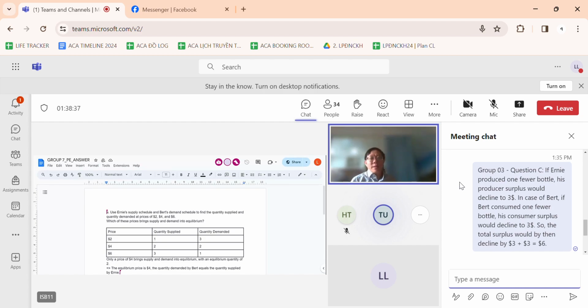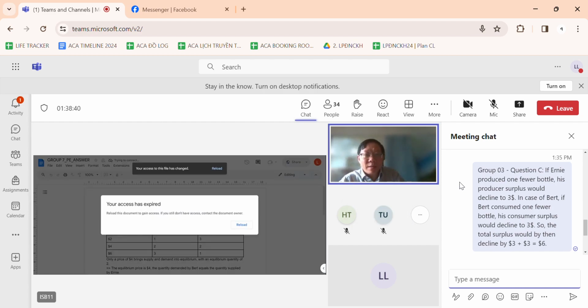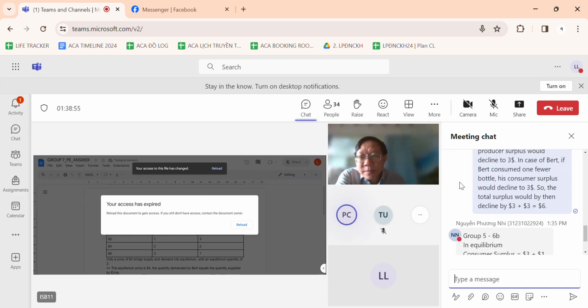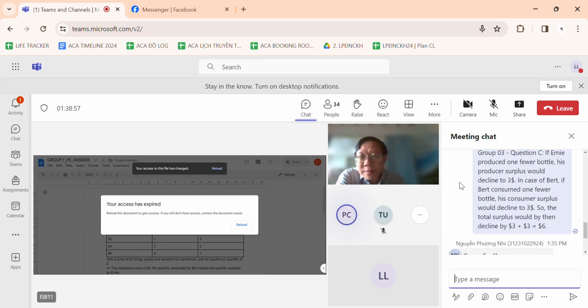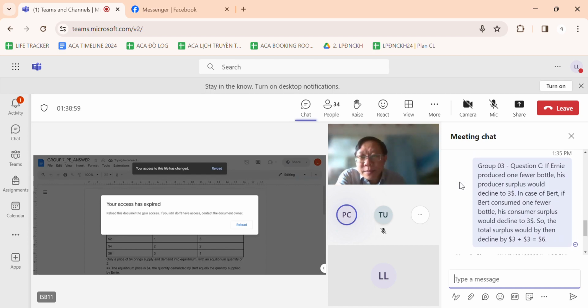Okay, please. So for sub-question A, I think it's really simple. Why I say that the quantity demanded by Bert is equal to 3, because Bert is willing to pay at least $3 for 3 photos.